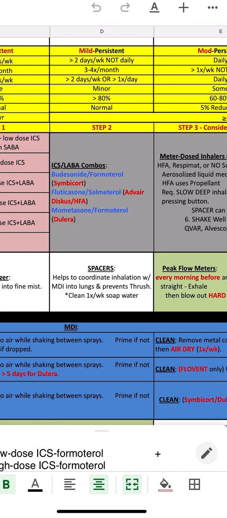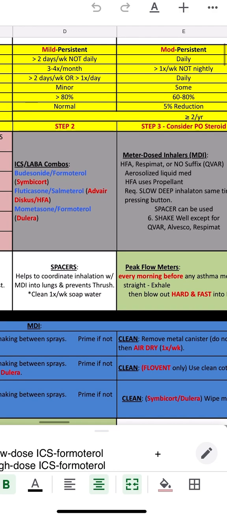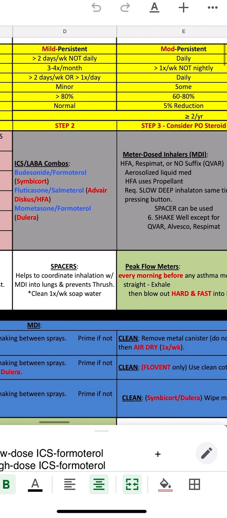ICS-LABA combo: Symbicort, Advair Diskus, Dulera. The ICS-formoterol combo is budesonide plus formoterol, Symbicort.